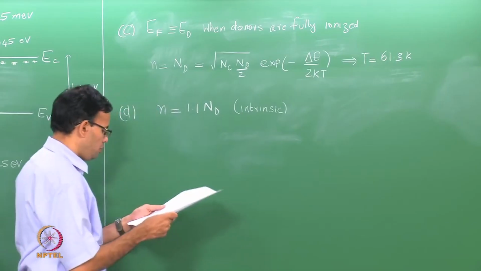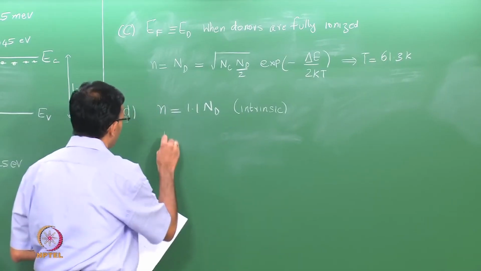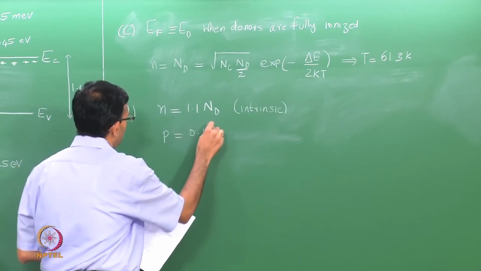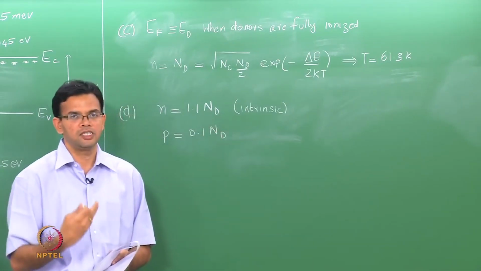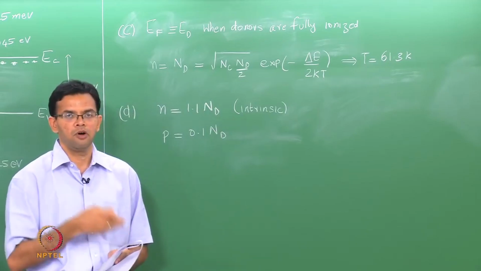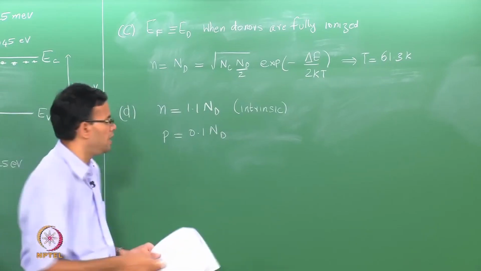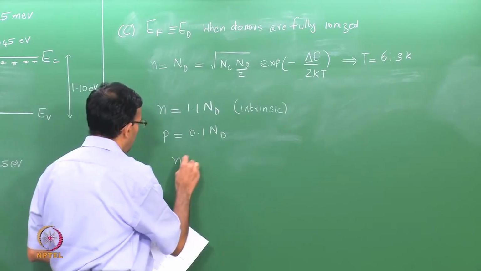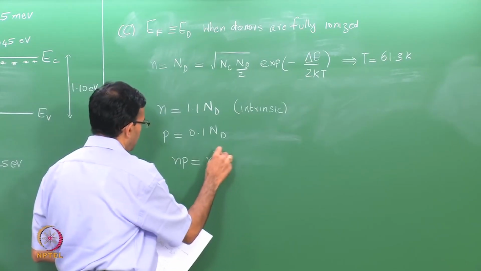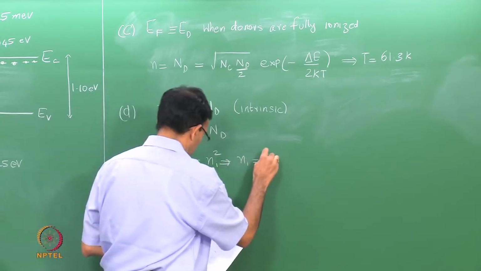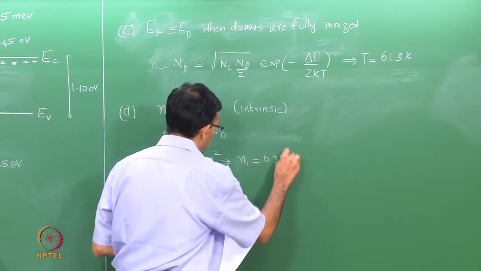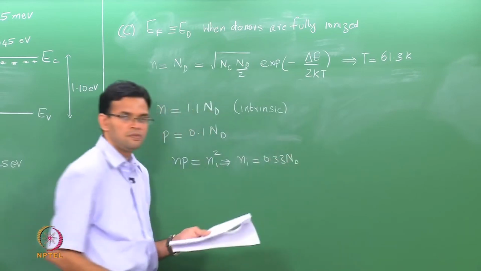So, N is 1.1 Nd, P is nothing but 0.1 Nd. This is something we can get by just doing a charge balance, so that the net positive charge must be equal to the net negative charge. Np is Ni square, which means Ni is 0.33 Nd.